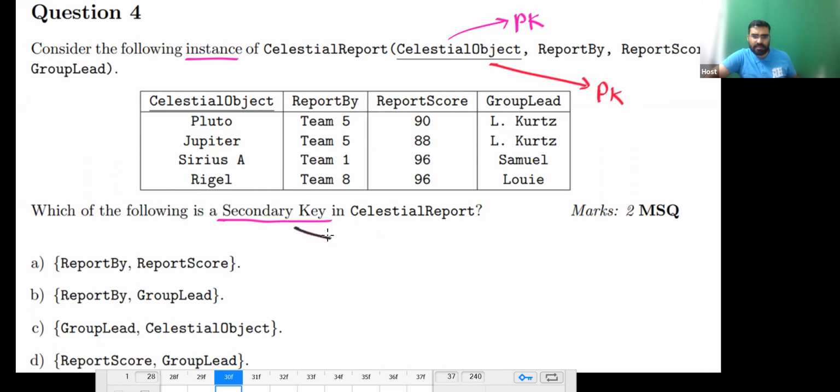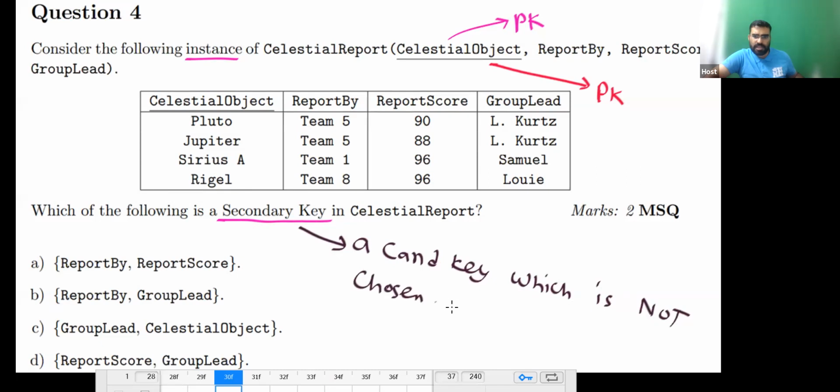What is a secondary key? This is a candidate key which is not selected as the primary key. Is this clear?